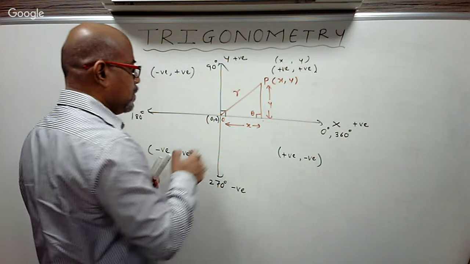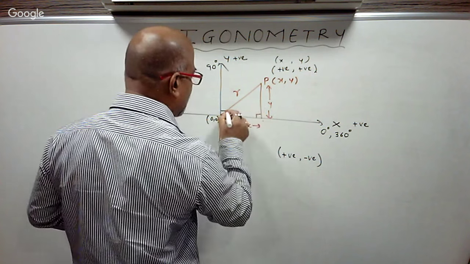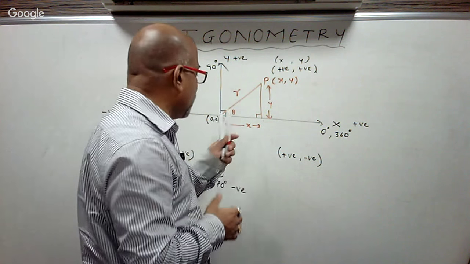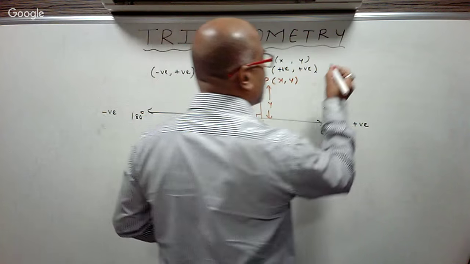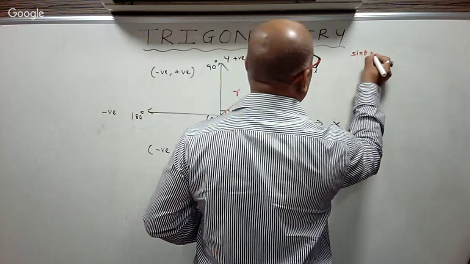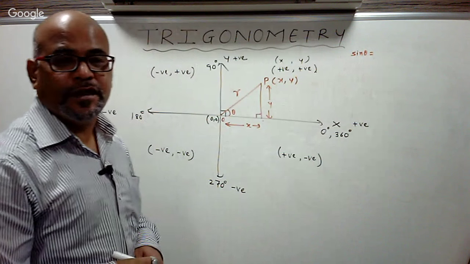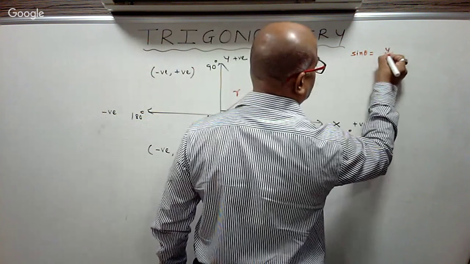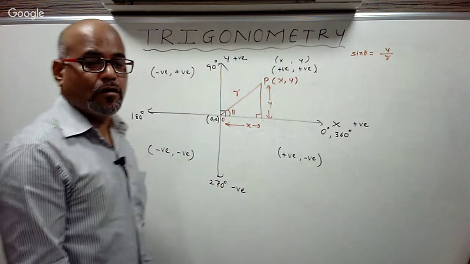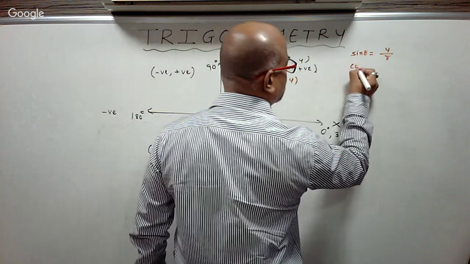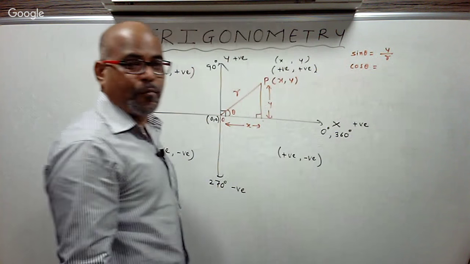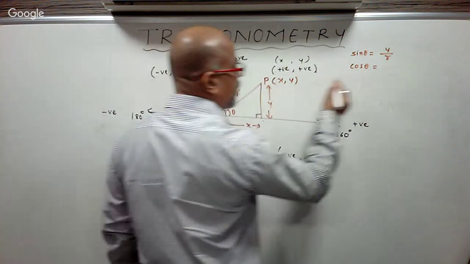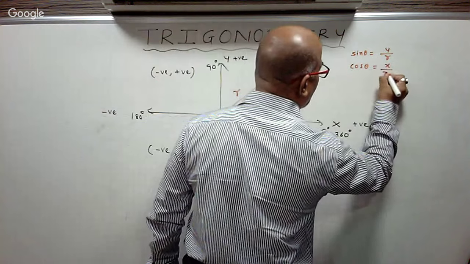Now let us check. This angle is 90 degree, and this angle we consider as theta. Different trigonometric ratios here again. We have sine theta equals opposite side upon hypotenuse, that is y upon r. Then cos theta equals adjacent side upon hypotenuse. The adjacent side of theta is x and the hypotenuse is r. Here we get x by r.